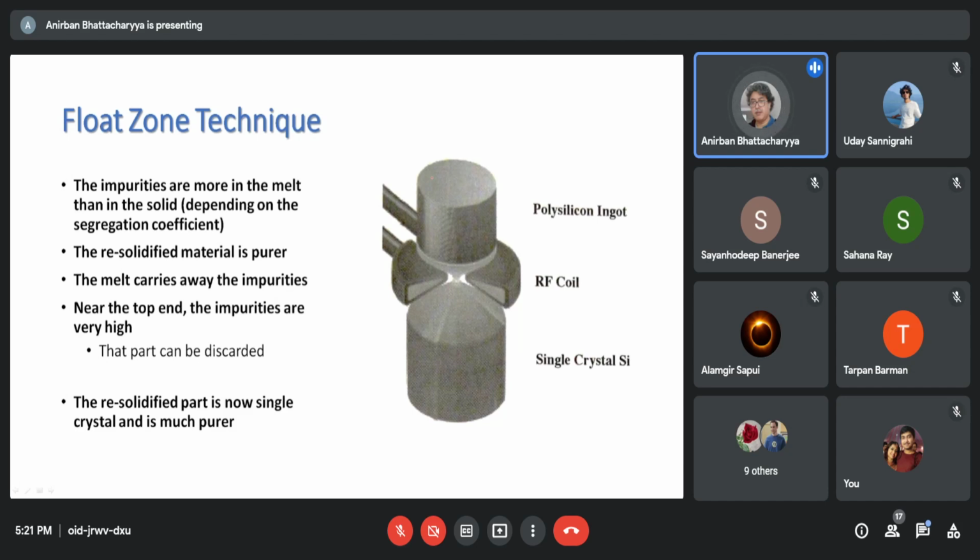Here, can you see there are no crucibles? It is heated externally by the RF coil. So no impurity is coming in from the crucible. Okay. So this entire process happens and then you get a much better, purer material. So float zone technique is used to purify the material.